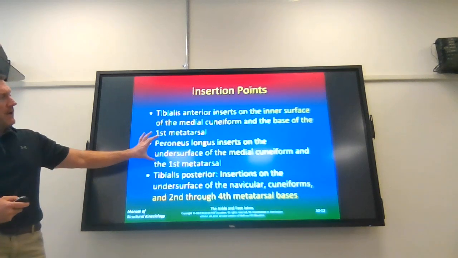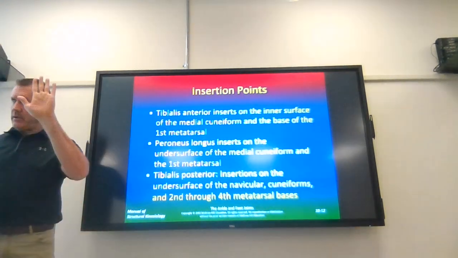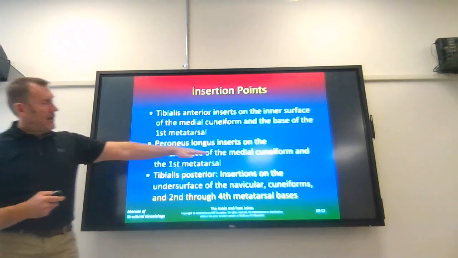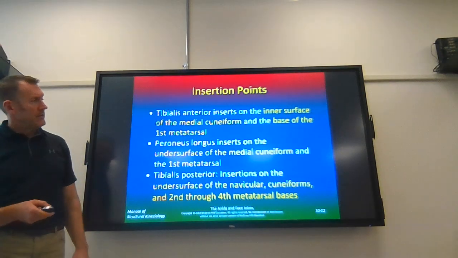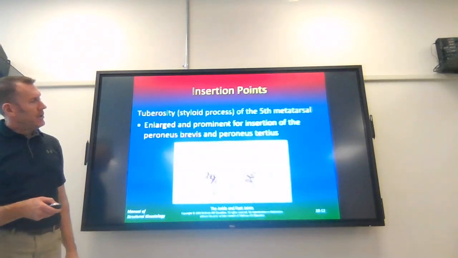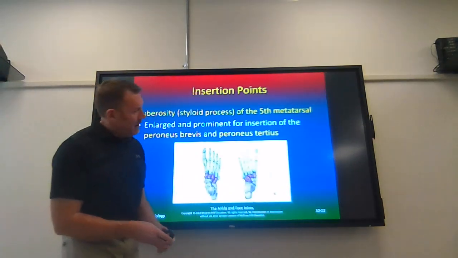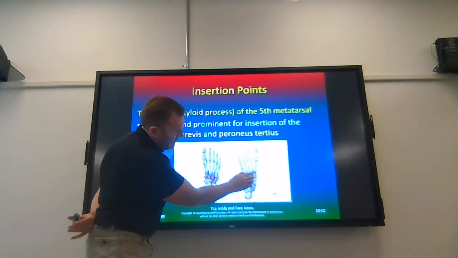So the peroneus longus inserts on the undersurface, okay, so that's why you're looking on the bottom of the foot, of the medial cuneiform and first metatarsal. Okay, so let's take a look at where that's at. So peroneus longus is going to be the undersurface of the medial cuneiform and base of the first metatarsal. So you're looking right around this area for the peroneus longus.